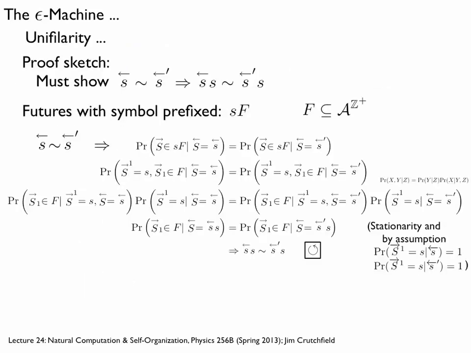So really, this boils down to assuming at time t, well, not time t, if we've seen these two different histories, and we assume they're in the same equivalence class, then wherever we are, having seen S or S prime, at the next step, we see symbol S. So we assume we're going to see symbol S. And the claim is that this new history, S followed by S, is equivalent to S prime followed by S. Right, at the previous time step, they're in the same equivalence class, and you go one step forward.